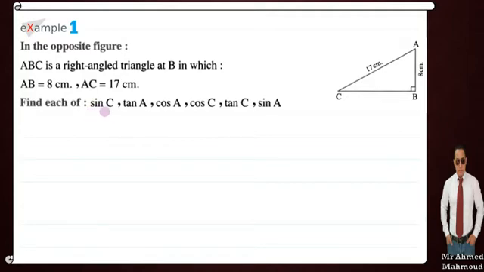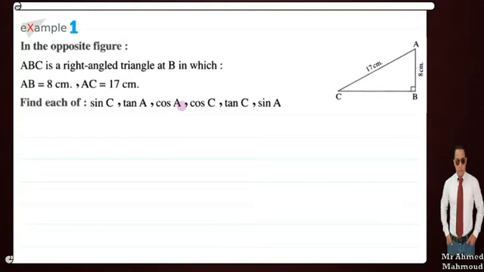Find sine C, tan A, cosine C, tan C, sine A. Sine C, cosine C, tan C are called the trigonometrical ratios for angle C, and tan A, sine A, and cosine A are called trigonometrical ratios of angle A.